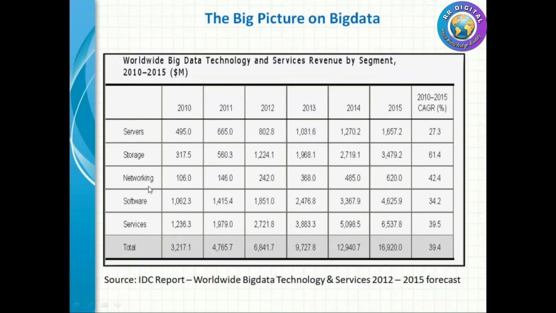And networking, any networking, 42.4%. Software, in the market we have different software, right? 34.2% growth. Services, 39.5%. So which one has more growth? Data storage, 61.4% growth.